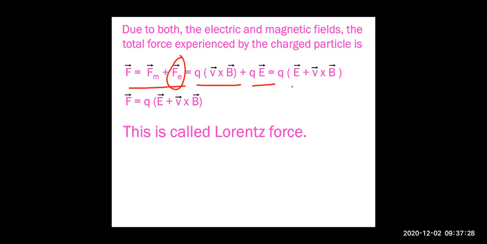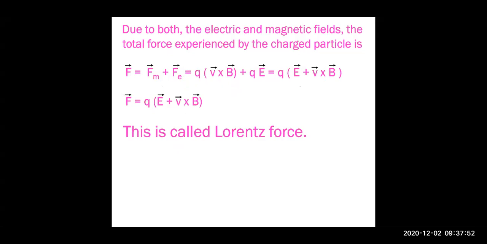Now taking Q common, we will have in the bracket E plus V cross B. So your F equals to Q bracket E plus V cross B. This is the total force experienced by the charged particle in electric and magnetic field. This is your Lorentz force. Right, children, this is your Lorentz force.